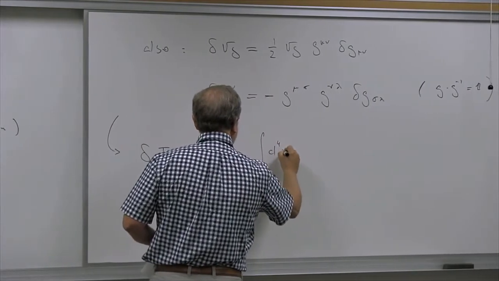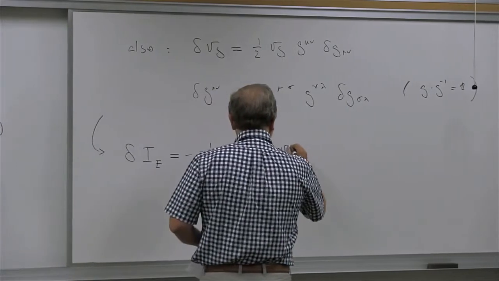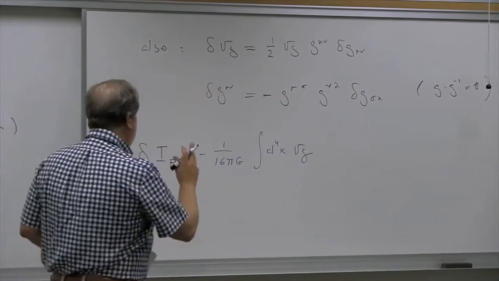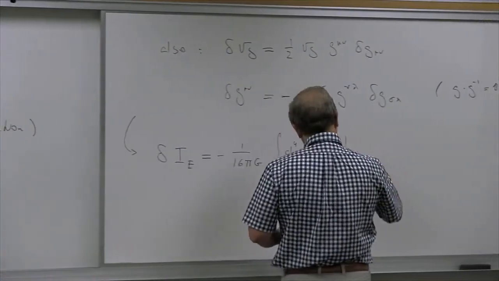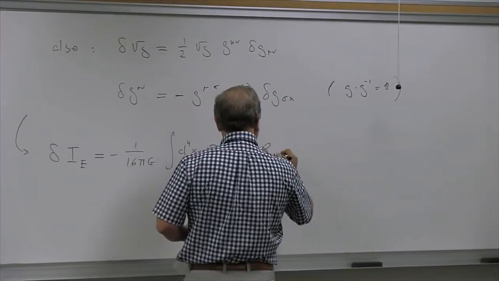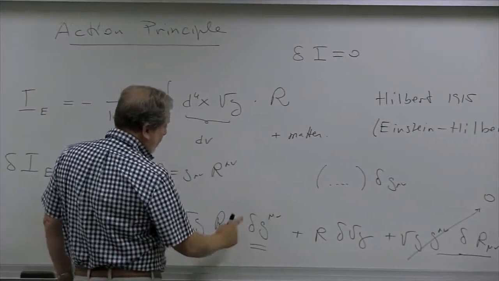Then we have the integrand d4x. And then we have the root g, which you can factor out, because it appears in all of these expressions. And then we have the minus R mu nu, which is coming from this variation, which is the variation we need here.